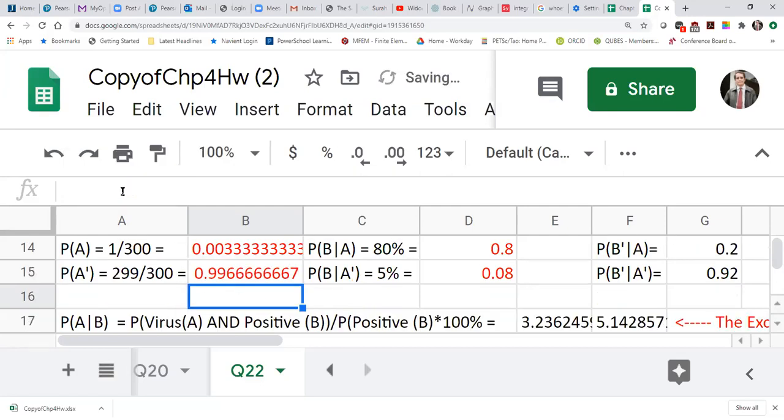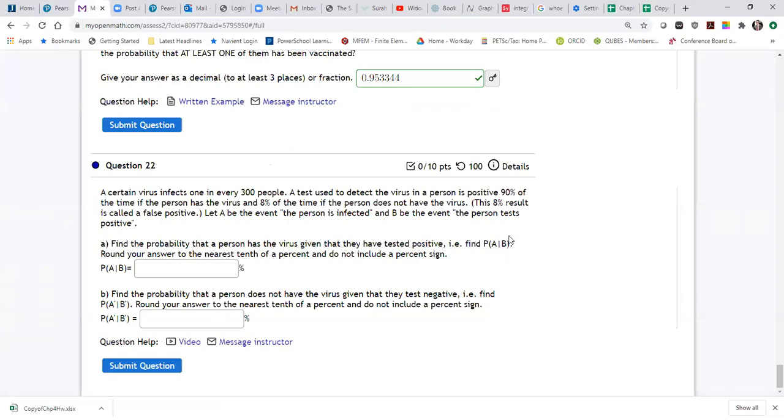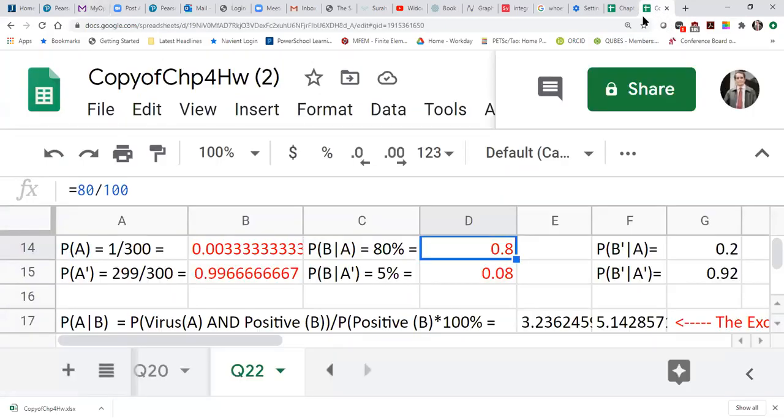Let's see what about this one. We got here 90% and 8%. So you need to change this one to 90%, or 90 over 100, and that one is 8%, also the same. Now you need to find the answer here.